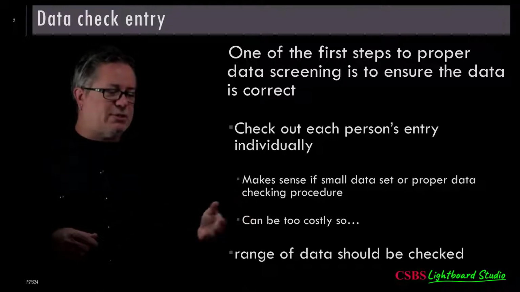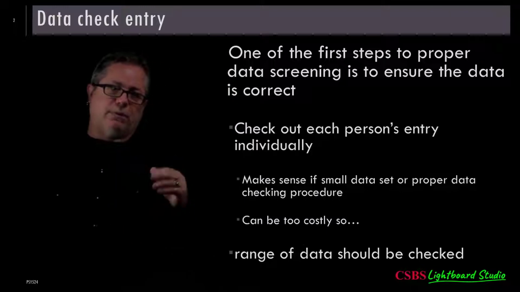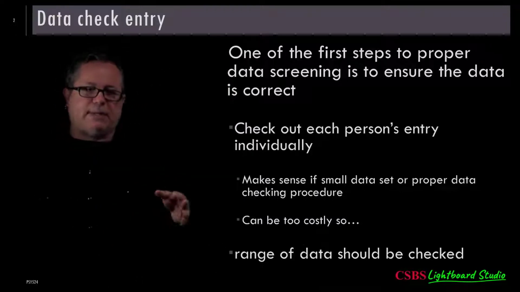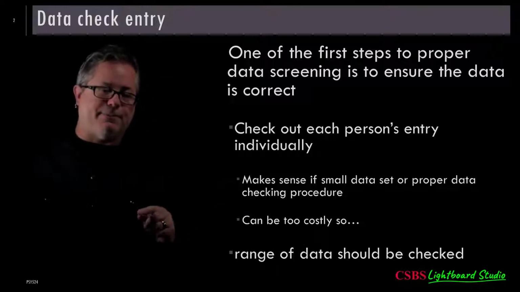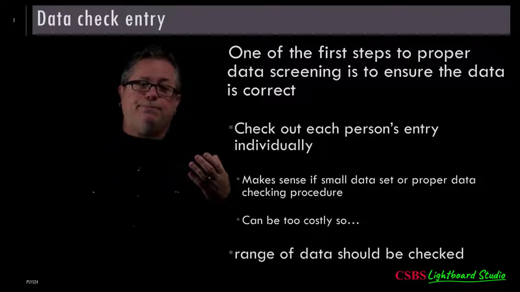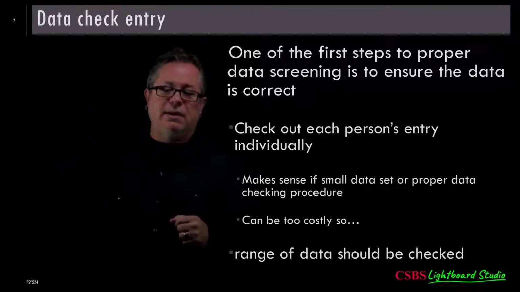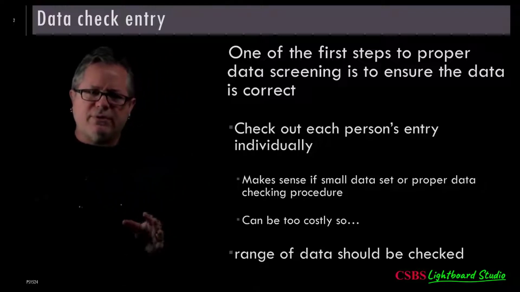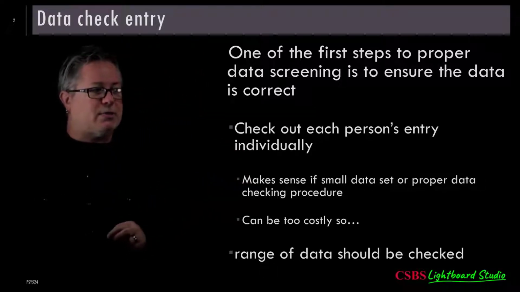It can be too costly, so if it's really big, sometimes you can just run ranges. Have SPSS or R or whatever program you're using spit out the ranges of data just to make sure that you're getting things that make sense. Like if you're using a Likert scale that's 1 to 7, and you're noticing some other numbers, 8s, 10s, or some other weird numbers in there, you probably want to check that out and see what's going on.